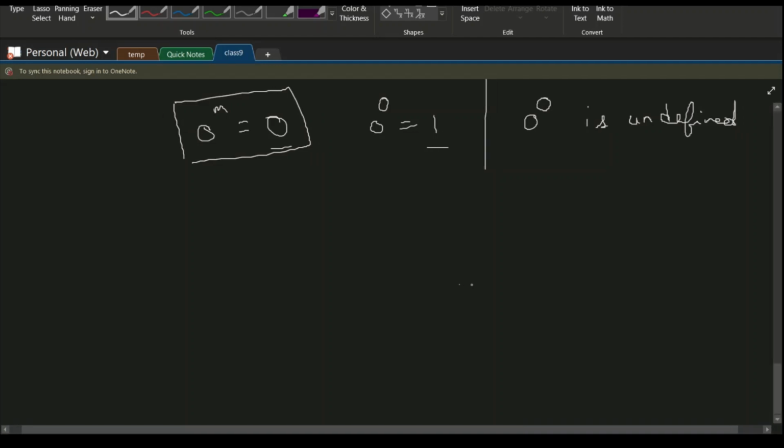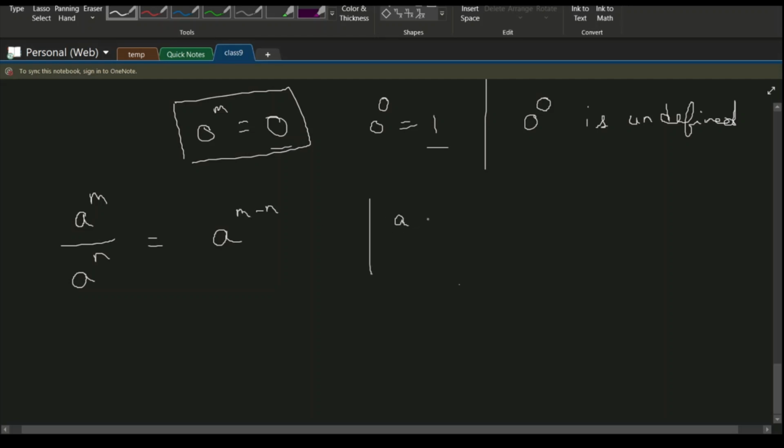So we looked at division and multiplication. Now let's see what else we can do. Again, we know for any non-zero real number, this is a to the power m minus n.